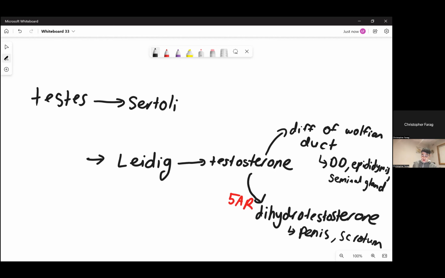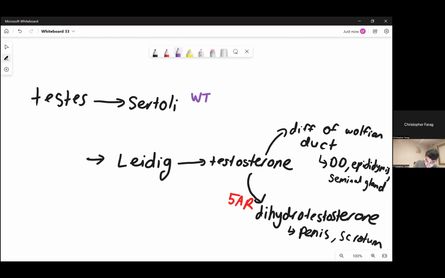Now, the Sertoli cells are a little bit more complicated. The genes that are involved require specific sequences, right? It requires a more careful control, I'll say, of DNA expression to go on to produce proper primary sex development, i.e. proper development of the male reproductive tract at birth, okay? So we have key genes that I'll put in a different color here, okay?